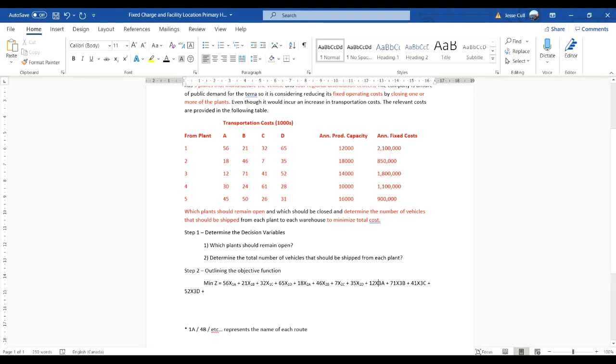Again, as before, these represent the shipping routes from our third plant. So we have plants 1, 2, 3 covered.